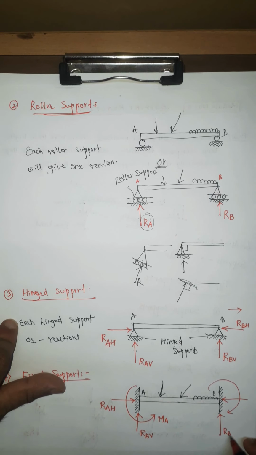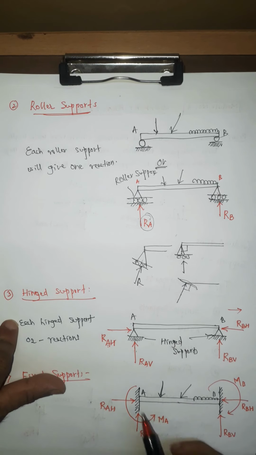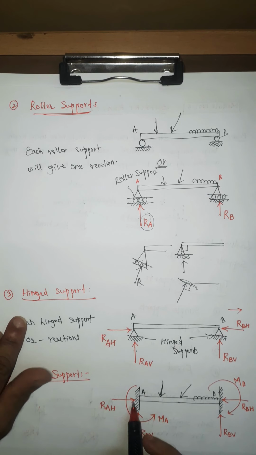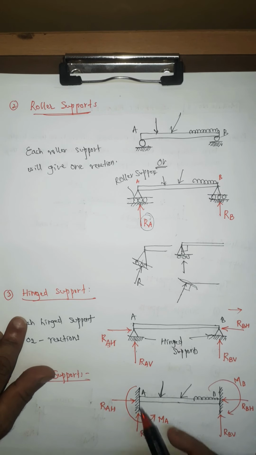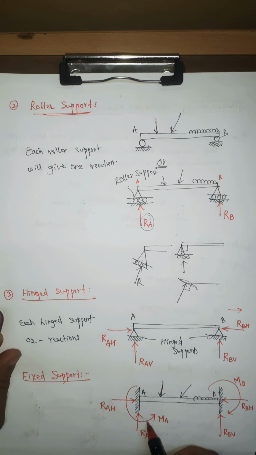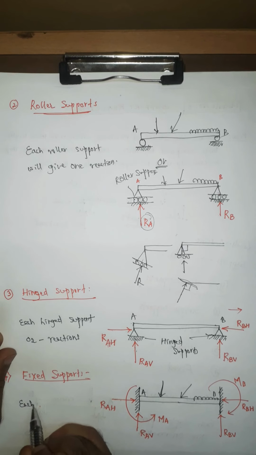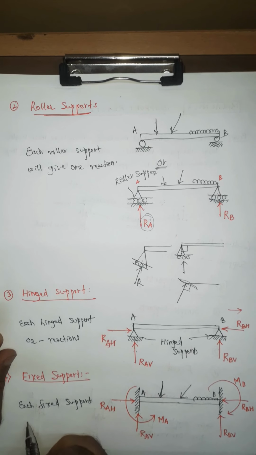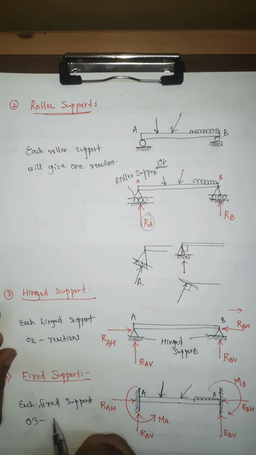Similarly, this is RBV, then this is RBH, and this is MB, the moment. So for each fixed support, one is the horizontal reaction, second is the vertical reaction, and third is the moment. It may be clockwise or anti-clockwise. So totally three components will be there for one fixed support.